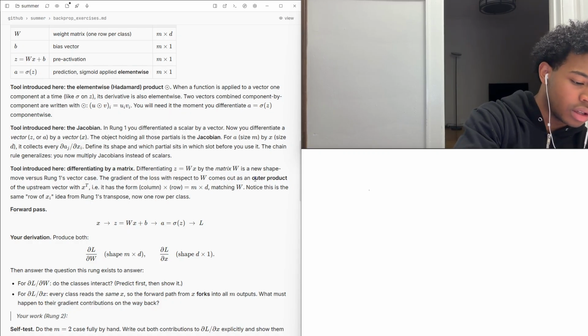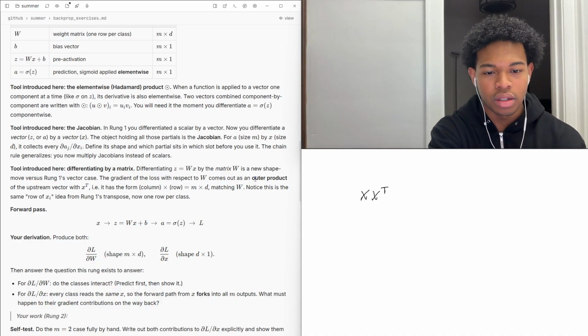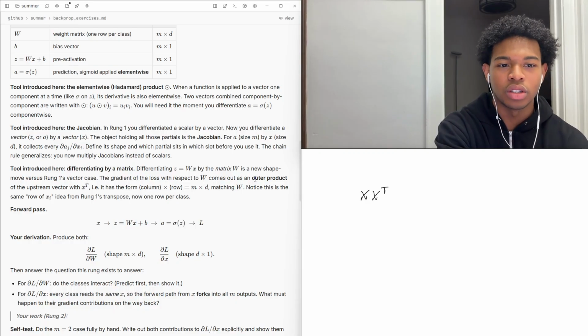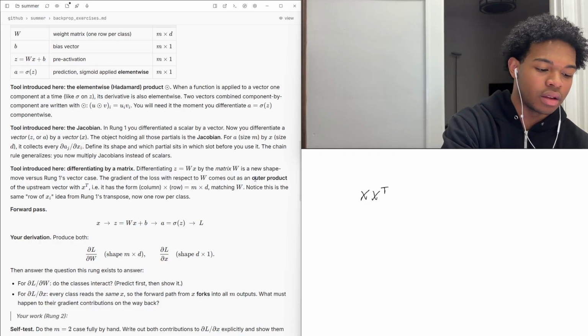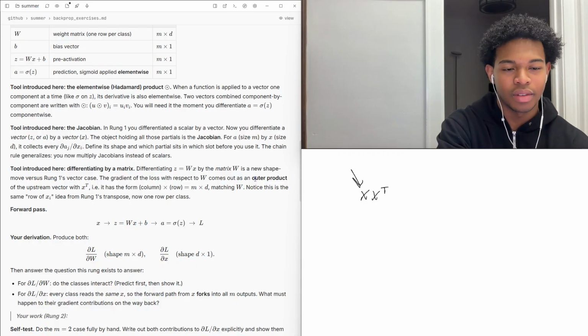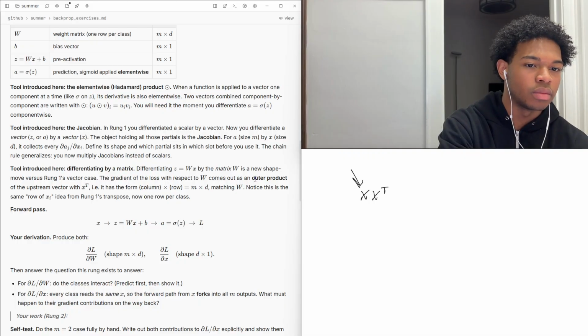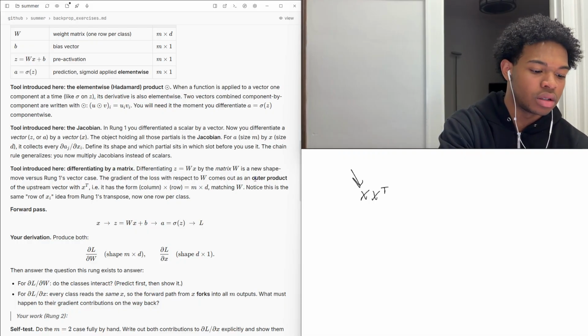How do I say? X, x transpose. Part of this only works because you're assuming a particular size. This is assuming x is a column vector, I think. This is why linear algebra can be so annoying.